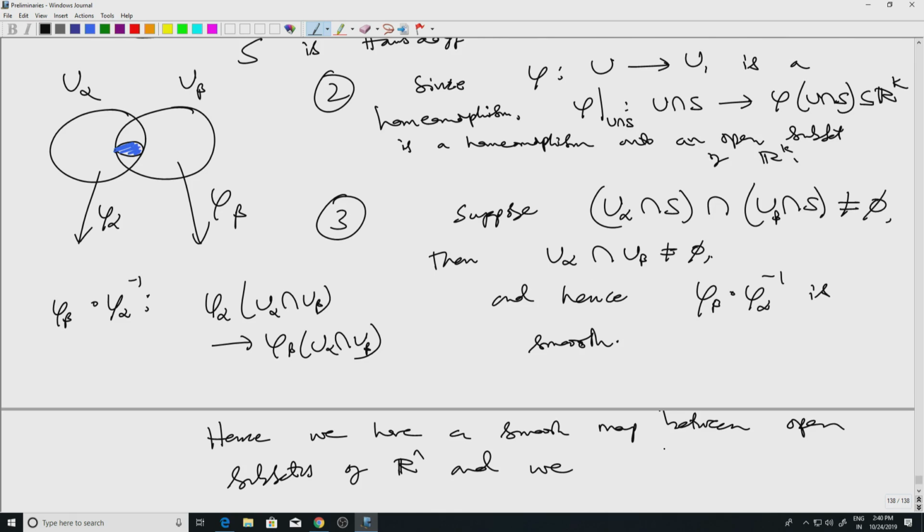Well, now we bring the blue part into the picture. In other words, intersect with S. So we want to know about this new transition map. Again, I have to put U alpha intersect U beta intersection S, composed with phi alpha of U alpha intersection S, this inverse.